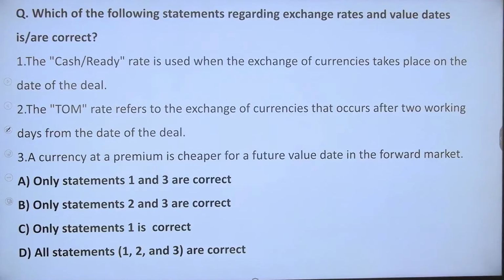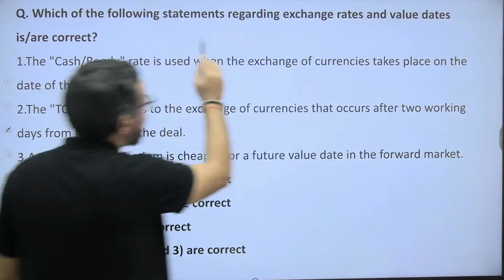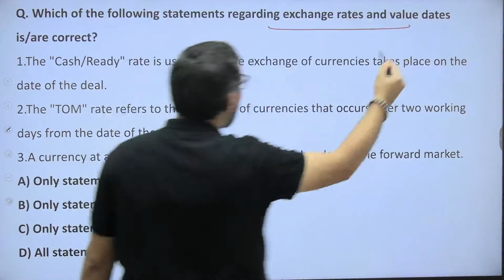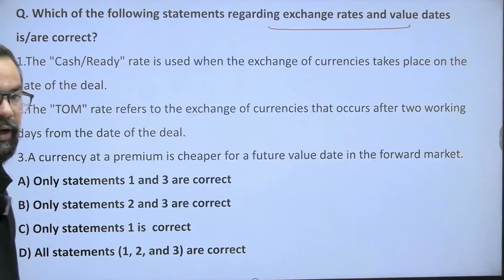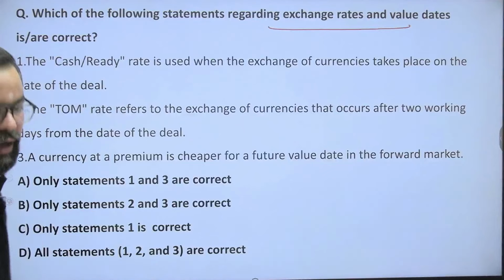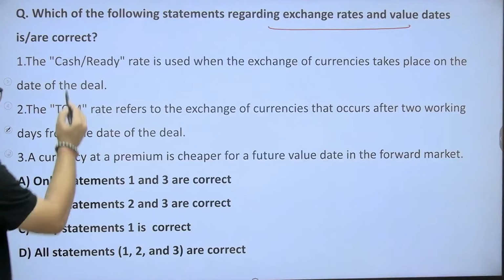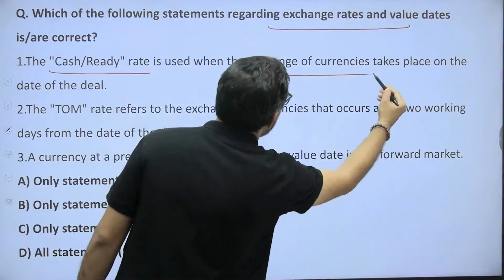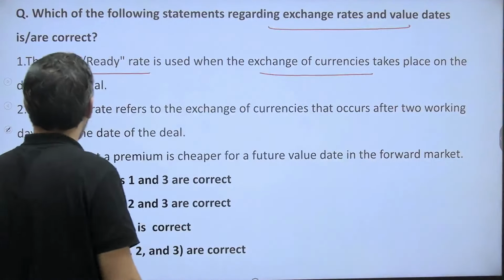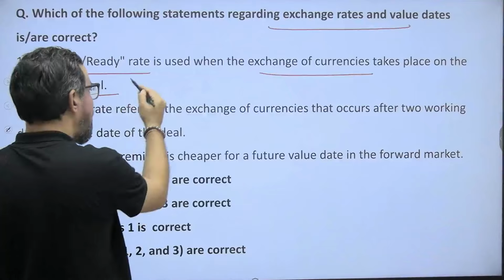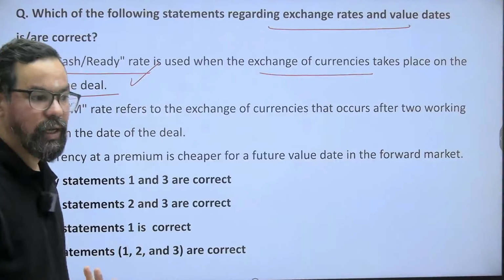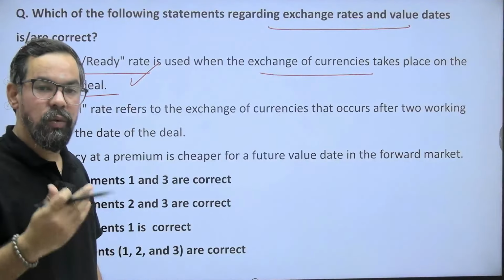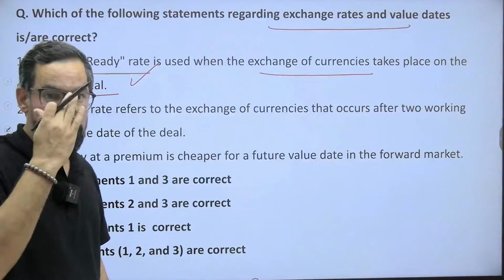Next one. Which of the following statements regarding exchange rate and value date concept are correct? Okay, this type of question you will get 100%. The cash or ready is used when the exchange of currency takes place on the date of deal. 100% true. Cash is basically the date of trade is, suppose, 1st August and the settlement also took place on 1st August.